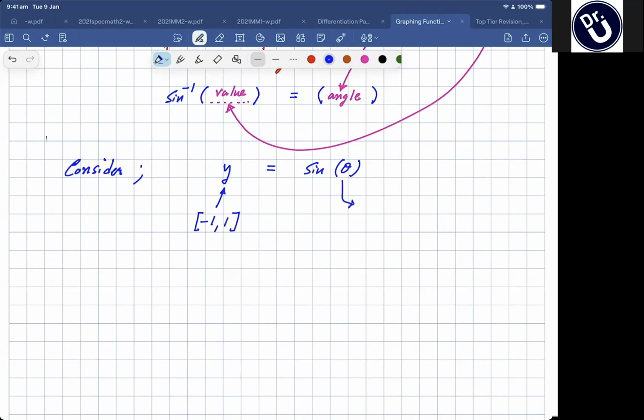Theta is going from 0 to 2 pi, right? 0 to 2 pi. That's your period. Right? So if you visualize it, it's a simple thing. It looks like this. 1 to minus 1, 0 to 2 pi. Right?